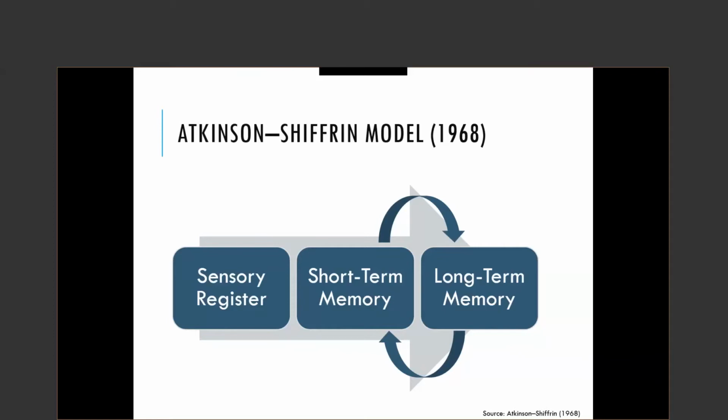If we do it, unfortunately, we are going to compromise the entire system. So this is the model that usually explains what comes later here. And this is still a valid model, has been studied for a number of years, and recent research still taps on the Atkinson-Shiffrin model to explain how this mechanism occurs.